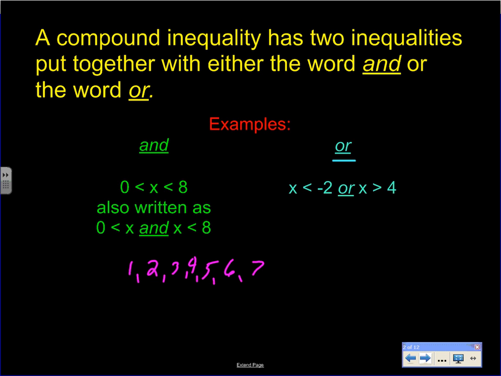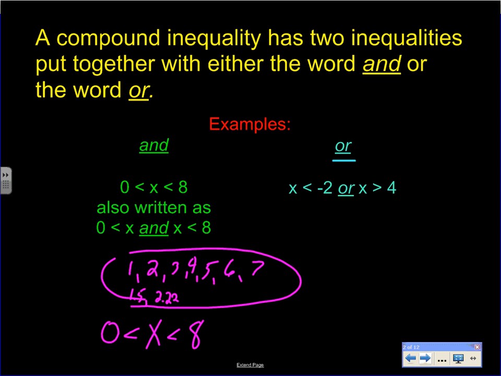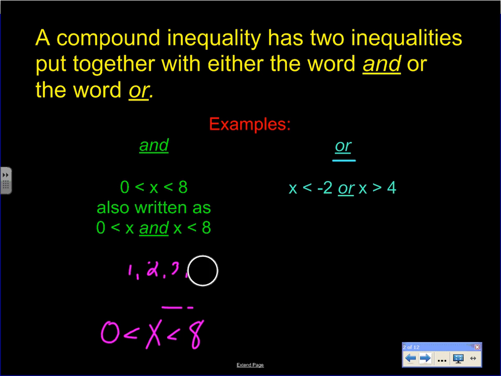Now, those are whole numbers, but numbers like decimals fit too, like 2.22. It's basically any number in which 0 is less than x and x is less than 8. So that goes for an infinite amount of numbers that fall between 0 and 8.